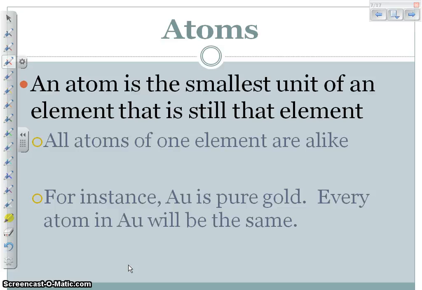When we look at elements, we are going to talk about atoms a lot. And an atom is realistically the smallest unit of an element that still maintains the properties of the element.